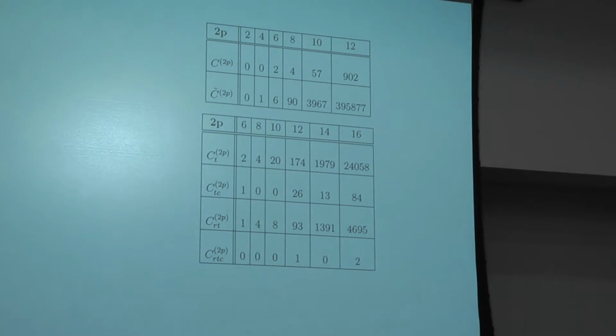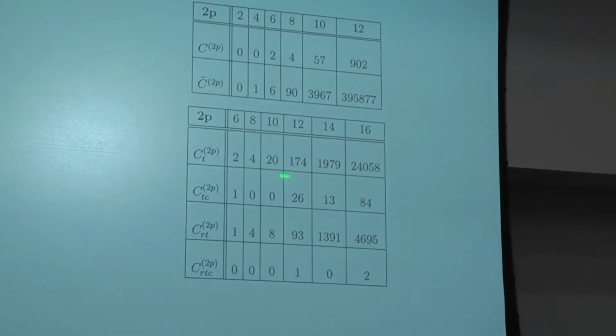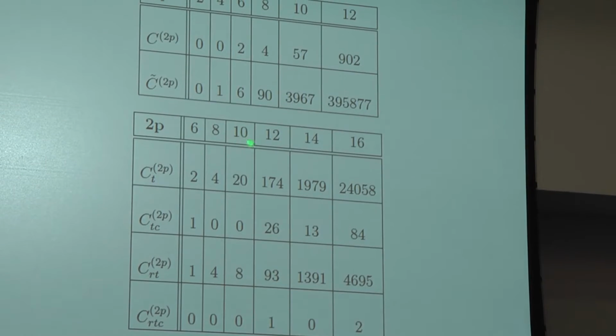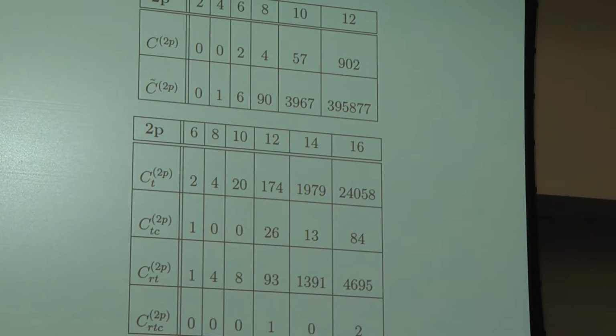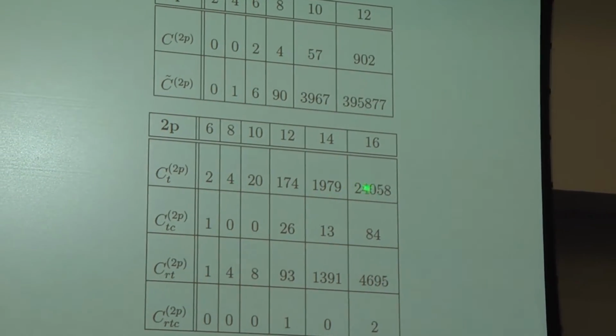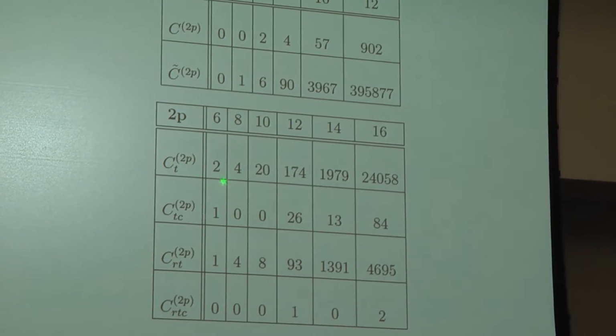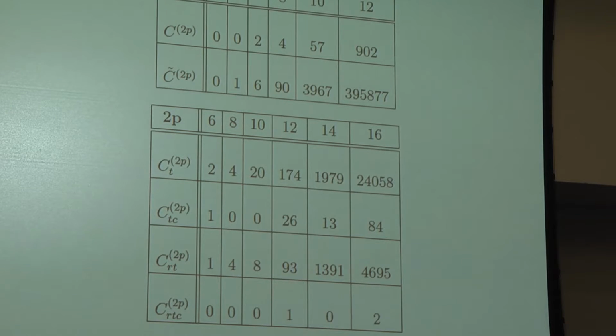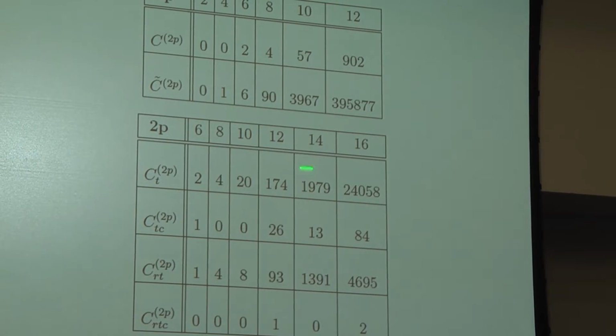Okay, the second table is interesting. In terms of increasing number of vertices, 6, 8, 10, 12, 14, 16, the first row gives the total number of graphs without dipole, but including rotary pairs, which are not important.